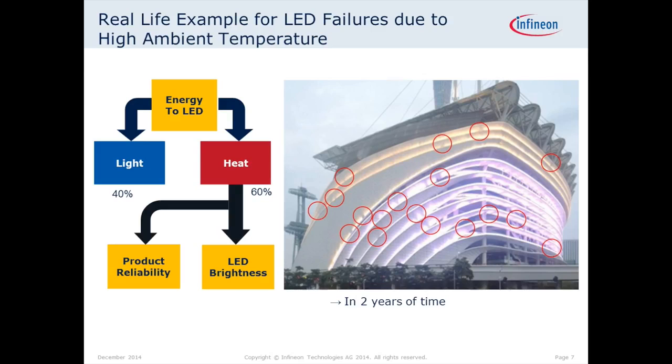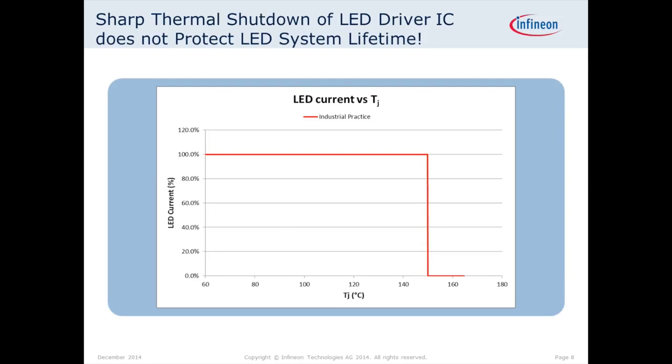In other words, here we can see a disaster. This is not what an LED, especially a commercial LED system, should look like after 2 years. We can admit that southern China can be quite hot in summertime, but nevertheless, this should be taken into account while designing the LED lighting system.